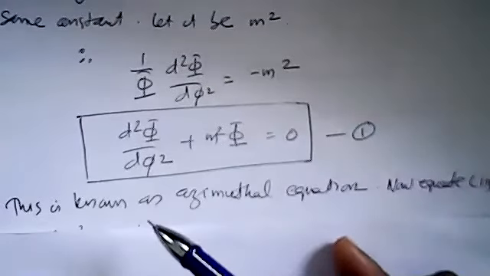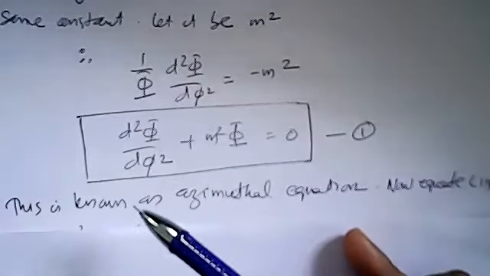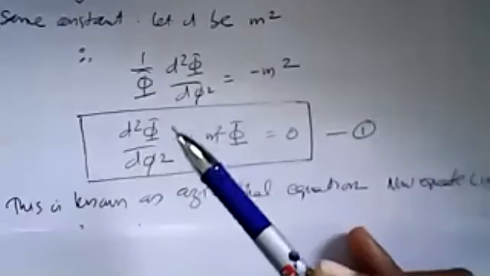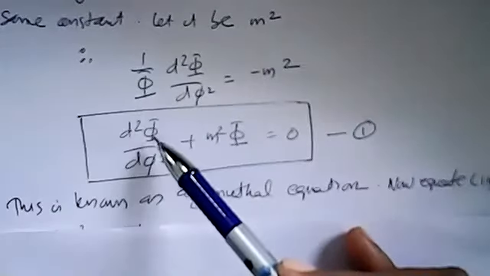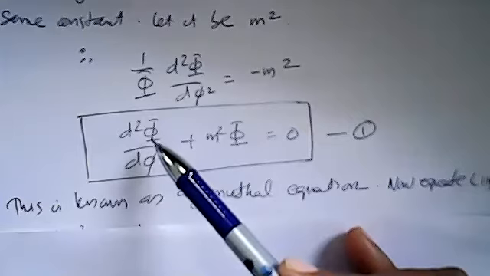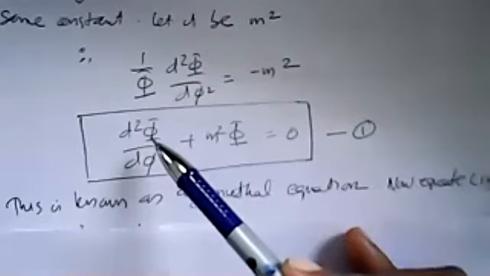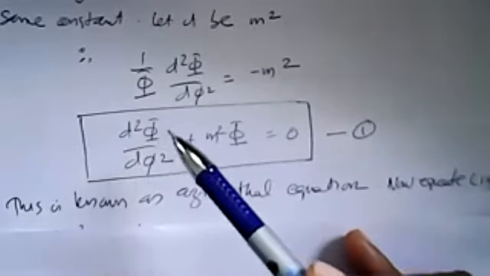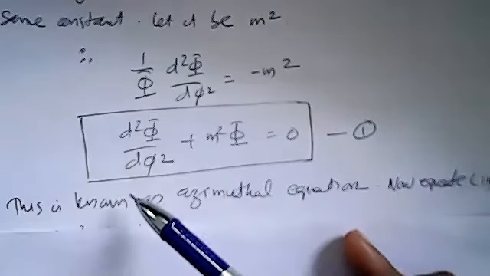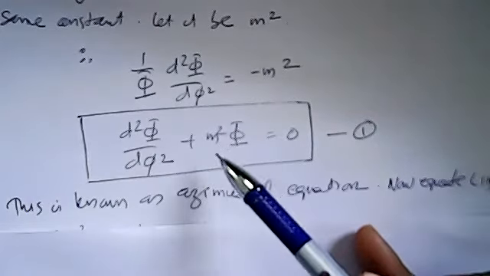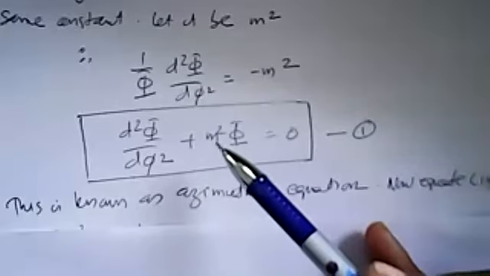This is very easy to solve, because you can easily find the capital phi. The idea is that when you differentiate capital phi two times, you get minus m square capital phi.